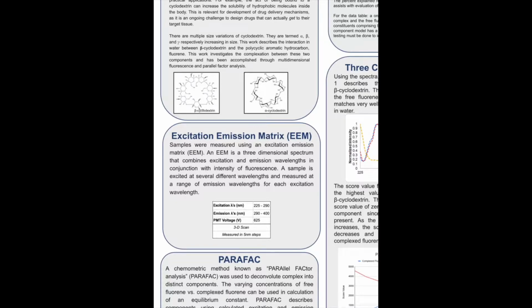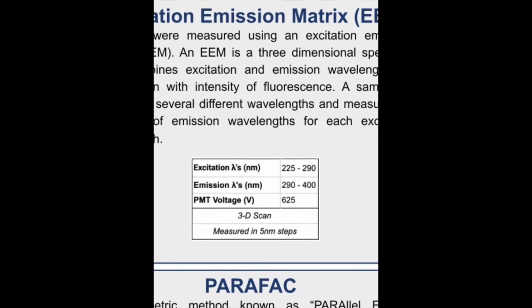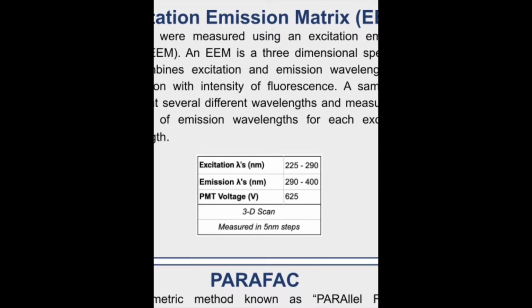So a sample would be excited at different wavelengths and measured over a range of emission wavelengths for each excitation wavelength. And you can see right here, these are the particular settings that we used.